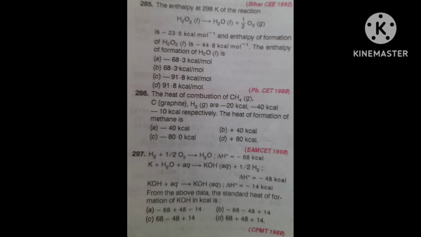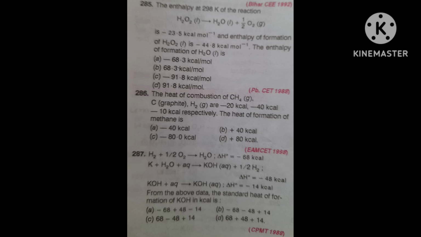Two values are given: minus 23.5, the heat of reaction, and the peroxide heat of formation, minus 44.8. So heat of reaction equals heat of formation of H2O minus heat of formation of peroxide. Out of three, two values are given, hence the third you can calculate: minus 23.5 equals standard delta HF of H2O minus, in bracket, minus 44.8 for peroxide.